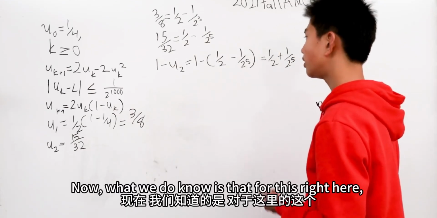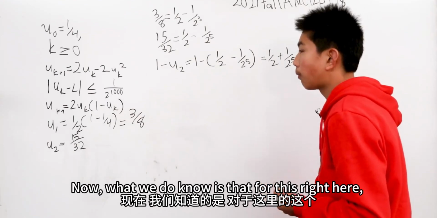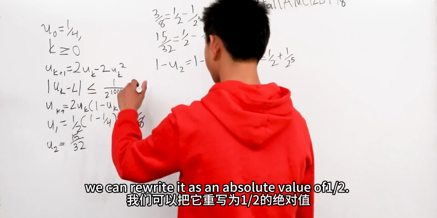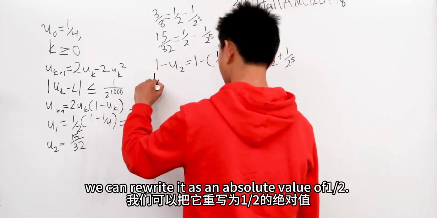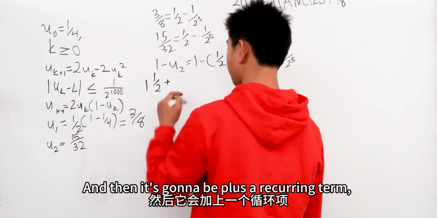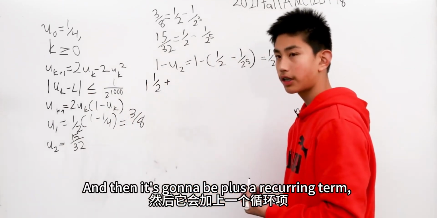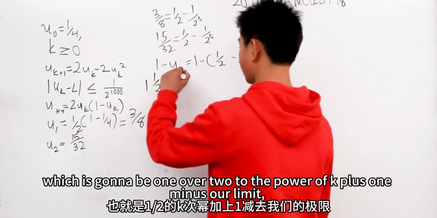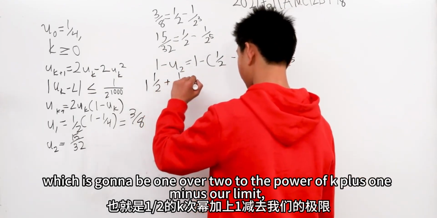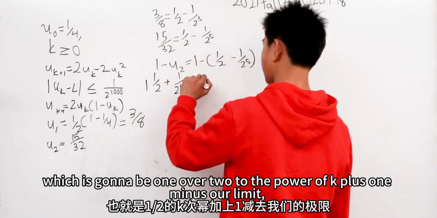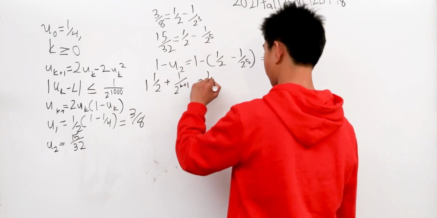Now, what we do know is that for this right here, we can rewrite it as the absolute value of 1/2 plus a recurring term, which is 1 over 2 to the power of k plus 1, minus our limit, which is 1/2.